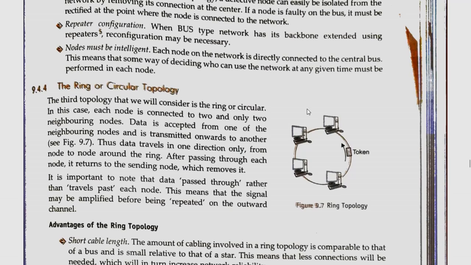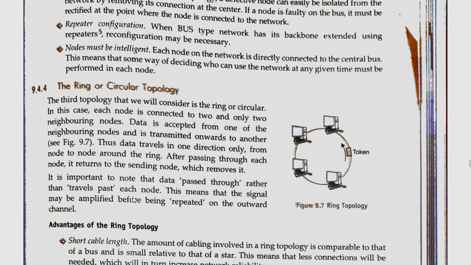The topology is in a circular way, so each node is connected to two and only two neighboring nodes. That means if you see one system, it is connected either to the front system or the back system. Getting it? All the nodes have a connection from either the previous one or the next one, and no relation with any other node. In this way the ring topology is created.